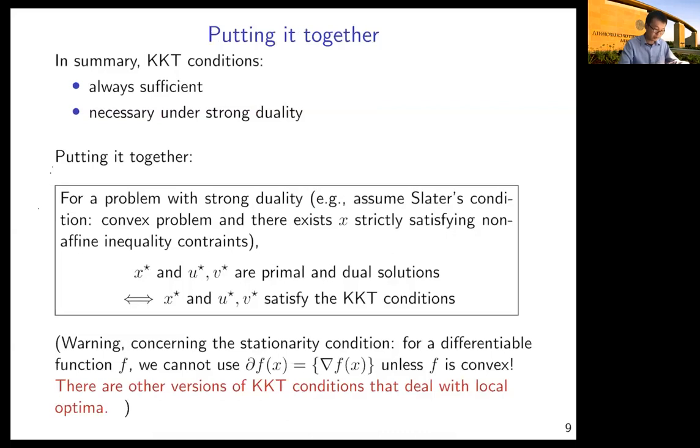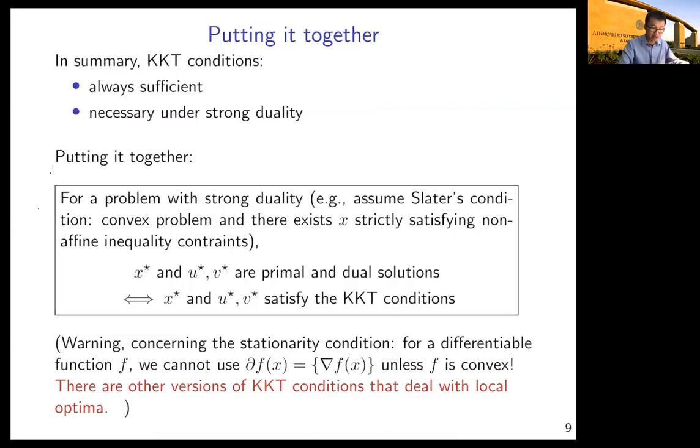So I'd like to say that the version of the KKT condition that I'm presenting here uses subgradient, and this point of view comes from the Rockafellar book.